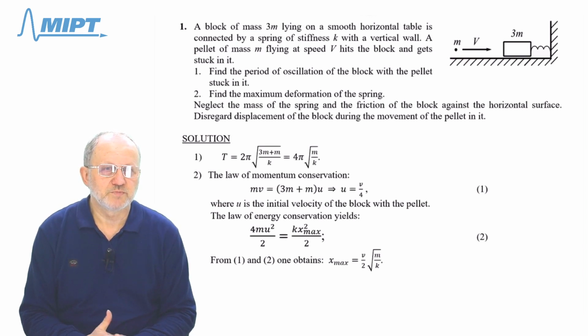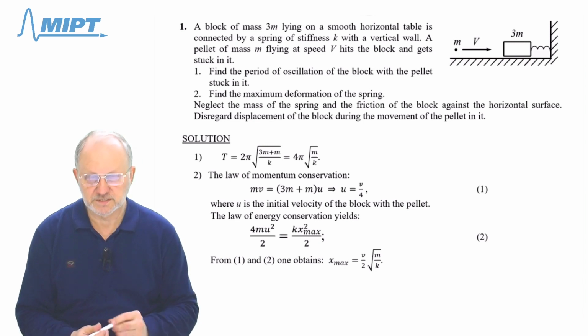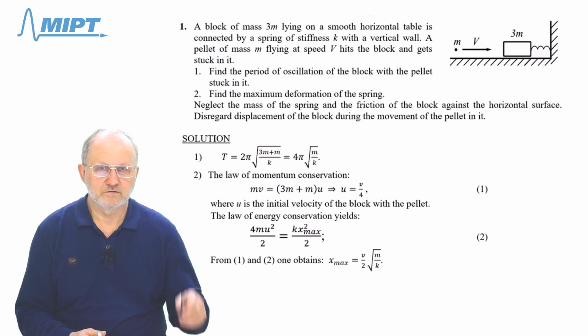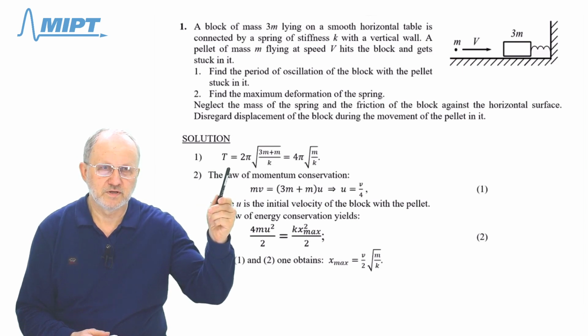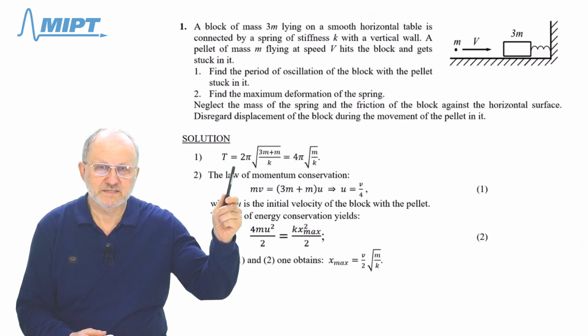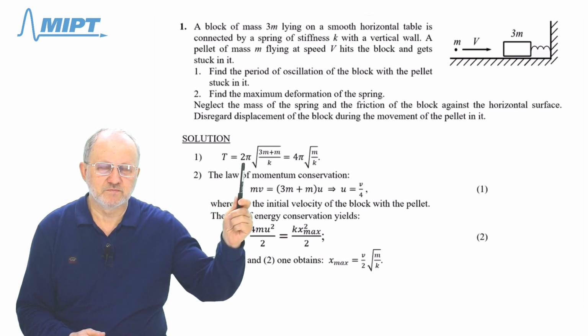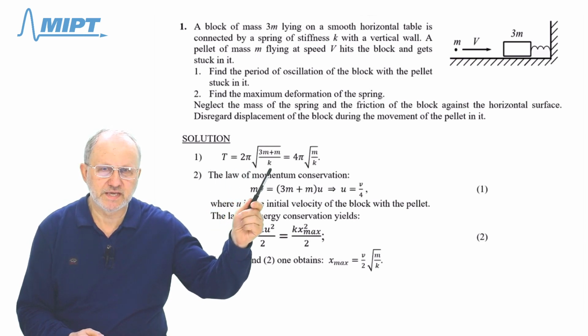In order to find the period of oscillations, we have to use the standard formula, which is shown here, for the period of oscillations of some mass which is on the spring of stiffness k.